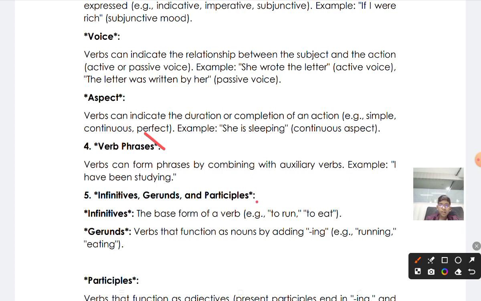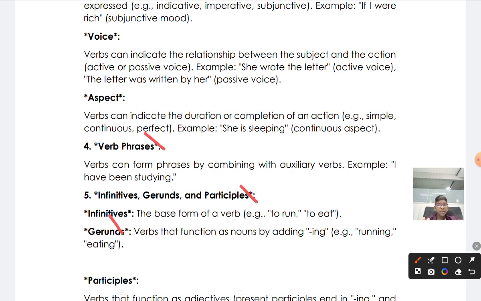Next comes the infinitives, gerunds and participles. Infinitives: the base form of a verb. Example, to run, to eat. Gerunds: verbs that function as nouns by adding -ing.